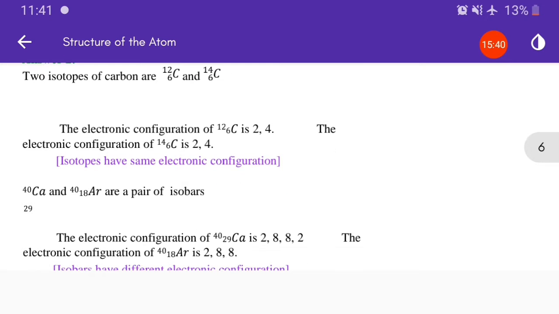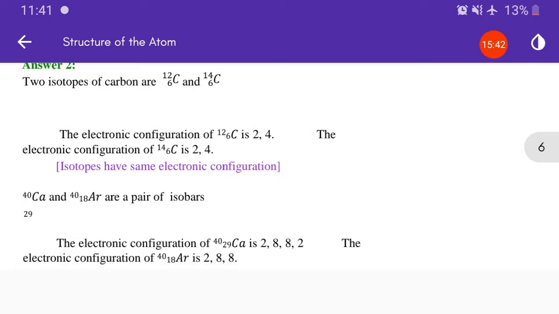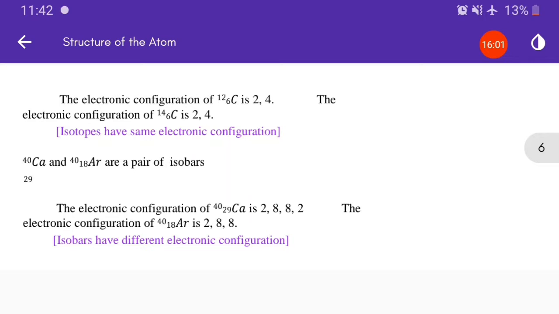And another, isobars, we can take. These are the isotopes: carbon 12, 14, and isobars calcium 40 with atomic number 20 and argon 40 with atomic number 18. So the mass number is the same, that is isobars.